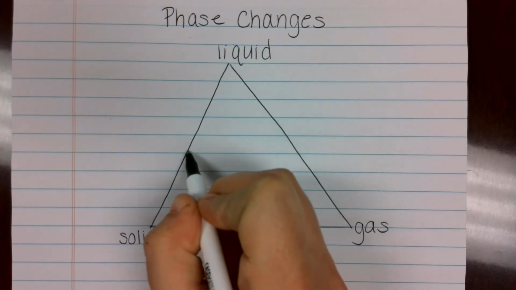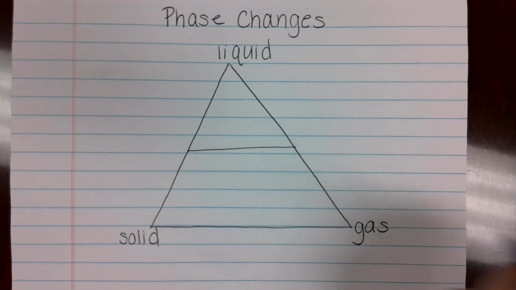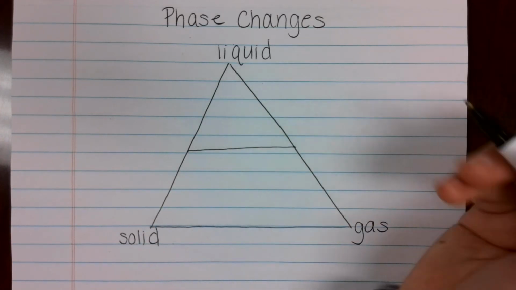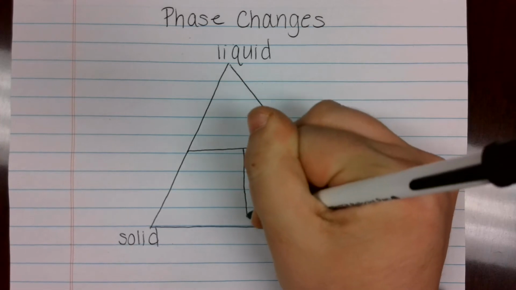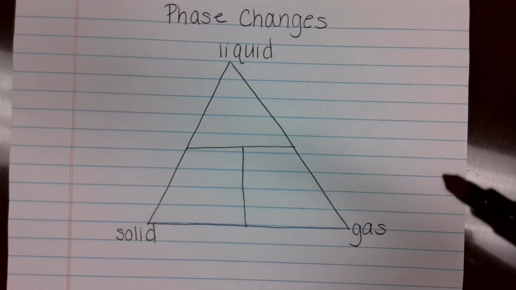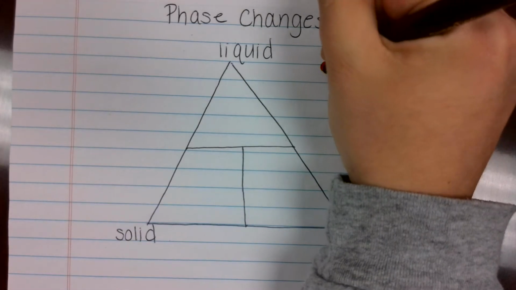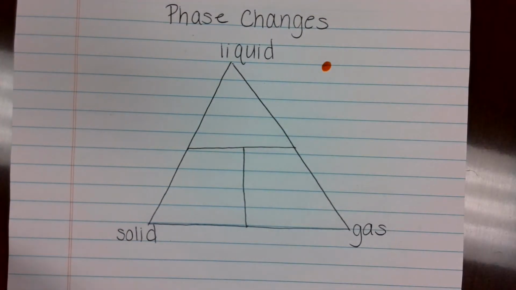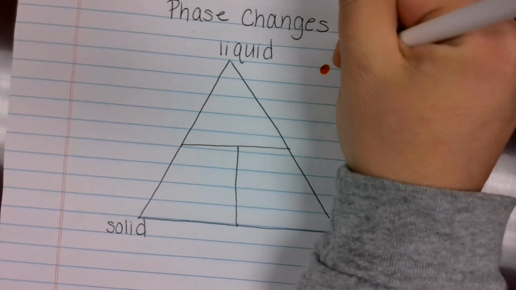I'm also going to split my triangle into three parts. One for liquid, one for solid, and one for gas. Now, to show you what I'm about to explain, I'm going to use a different colored marker, right? And these little orange dots are going to be my particles.